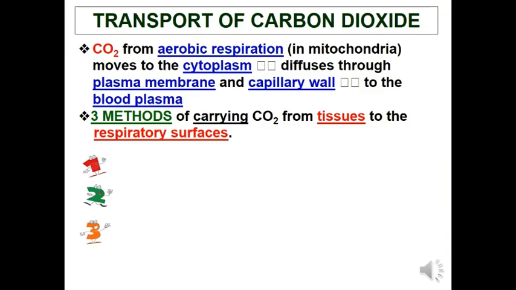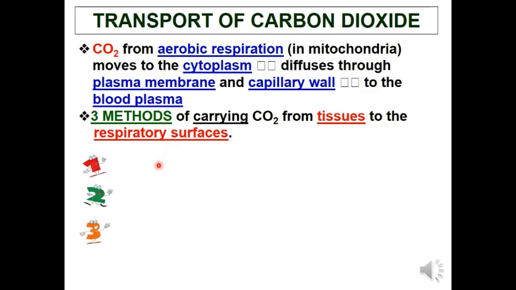Before this, we learned about the transport of oxygen. Now we look at the transport of carbon dioxide. Carbon dioxide from aerobic respiration in the mitochondria moves to the cytoplasm, then diffuses through the plasma membrane and capillary wall to the blood plasma. There are three methods of carrying carbon dioxide from tissues to the respiratory surface.